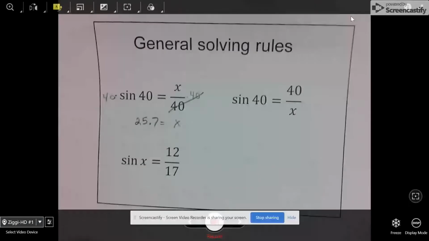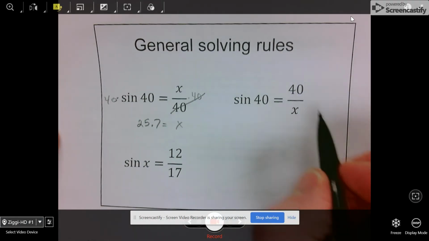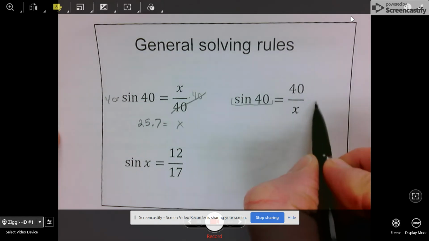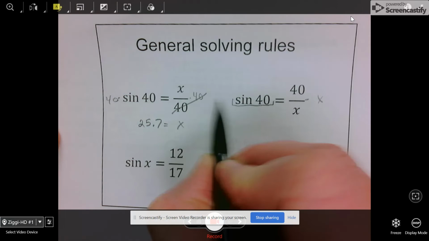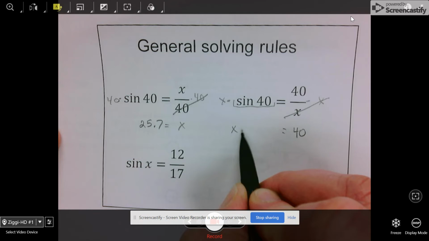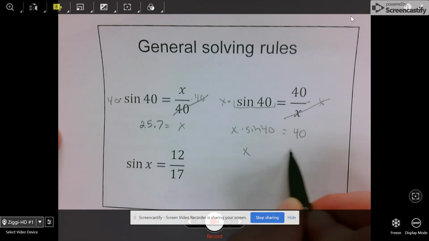The second one looks similar, but this time the x is in the denominator. If I was doing this using algebra, remember this is just a number here. I'd multiply both sides by x to get the x to cancel out. And I would have x times the sine of 40 equals 40. Then to get x by itself, I would divide by sine of 40.